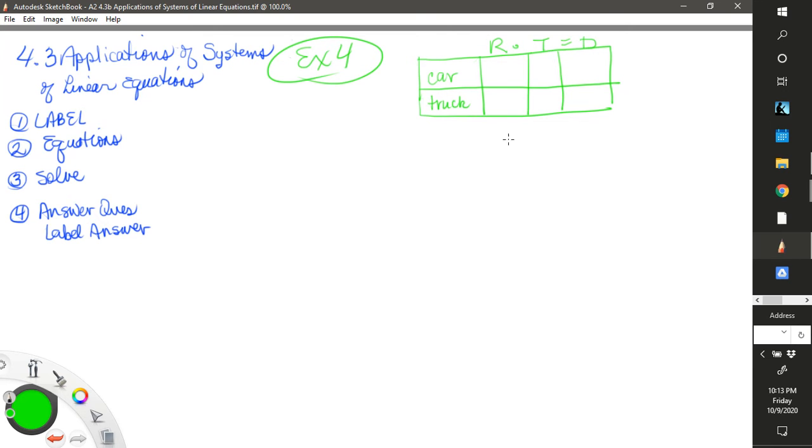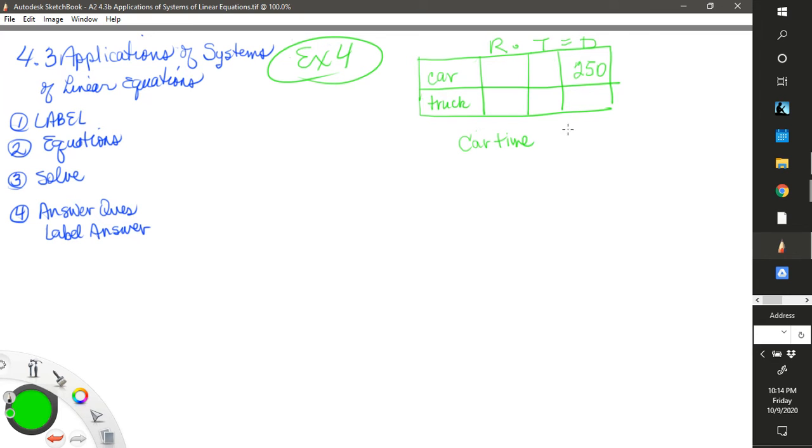All right, let's find out what we've got going. The car travels 250 kilometers. So our distance is already known, is traveling 250 kilometers in the same time. So what does that mean? Car time.